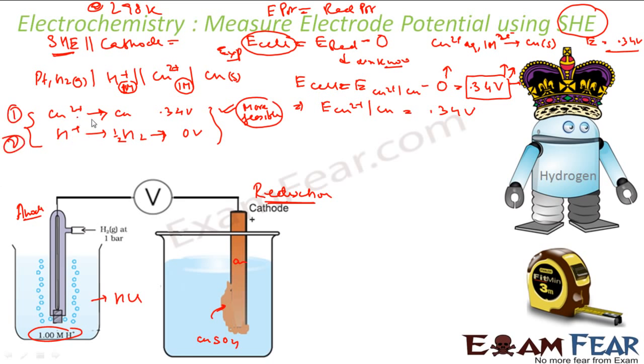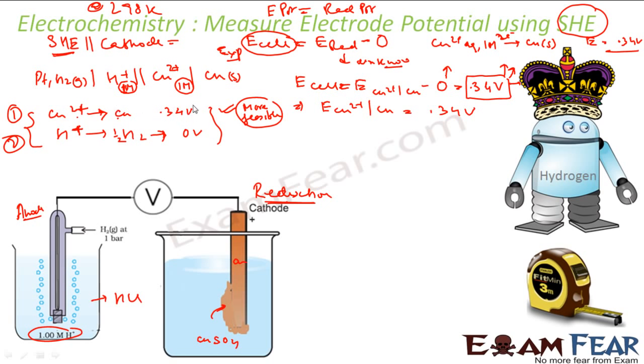That implies that copper 2 plus can easily reduce to copper. If you compare H plus and Cu2 plus, out of these two, it is Cu2 plus which will get reduced, not H plus. Why? Because Cu2 plus to Cu is 0.34 volt.